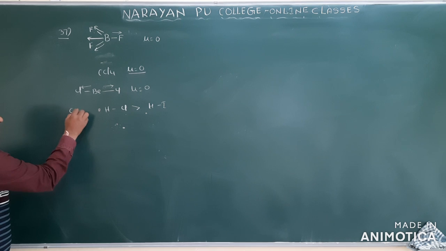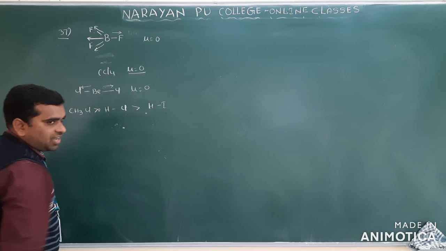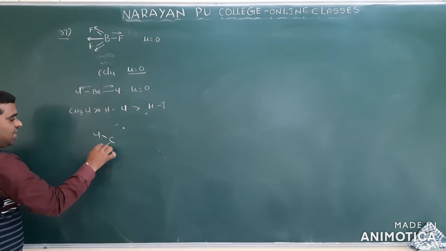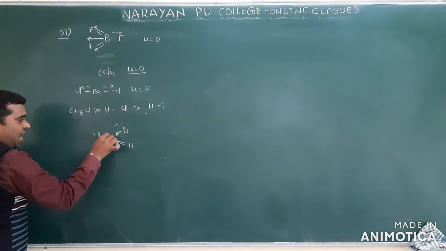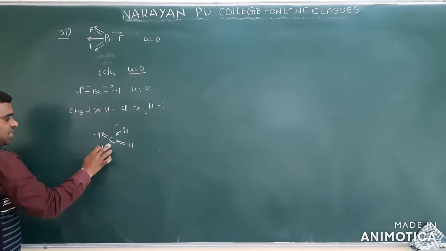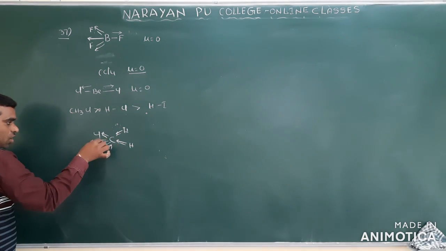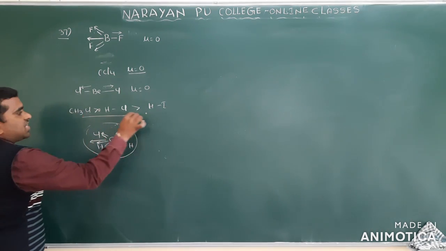But CH3Cl will have a higher dipole moment than HCl and HI, because here the dipole moments add up. The resultants of the C-H bonds are added to the C-Cl dipole, so there is more dipole moment. So this is the answer.